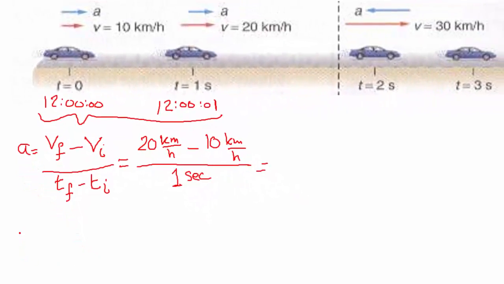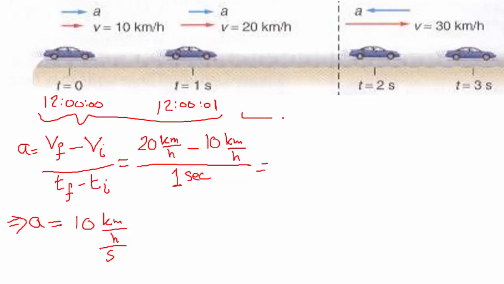Let me write it down here. Which will be 20 minus 10, which will give you 10 kilometers per hour per second. So during this 1 second period, the acceleration was 10 kilometers per hour per second, meaning the velocity increased by 10 kilometers per hour each second.